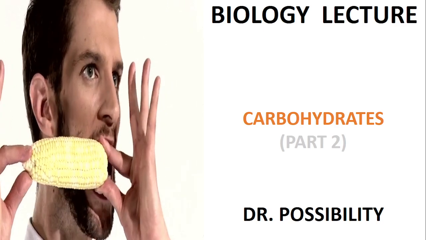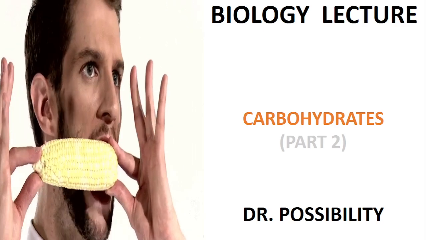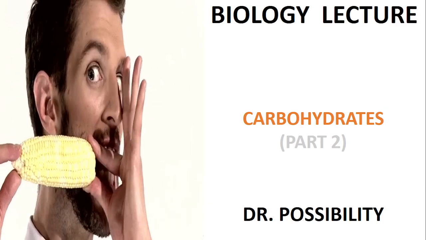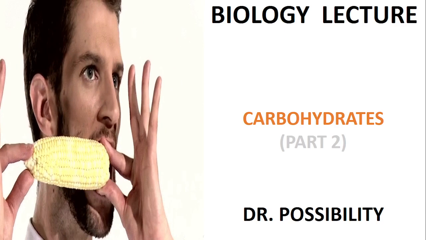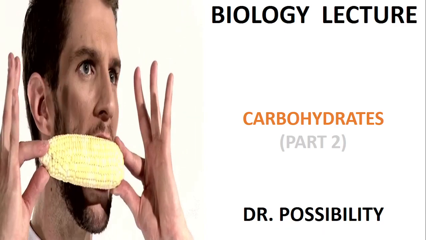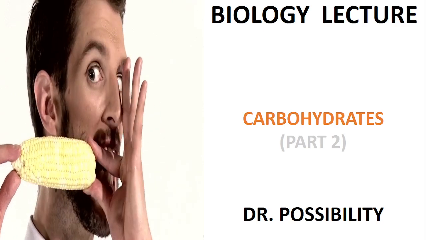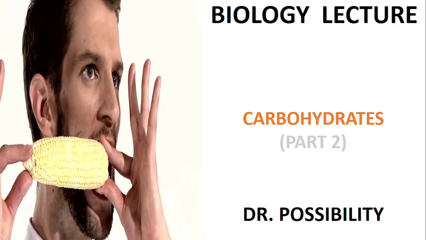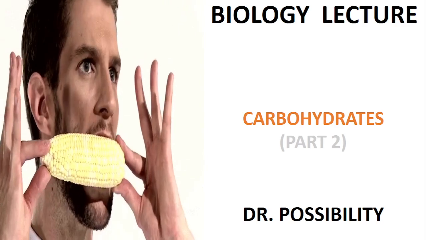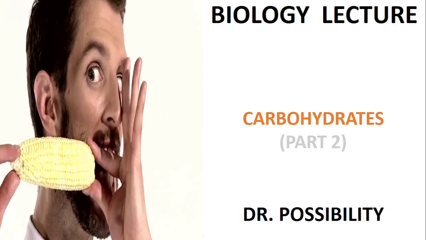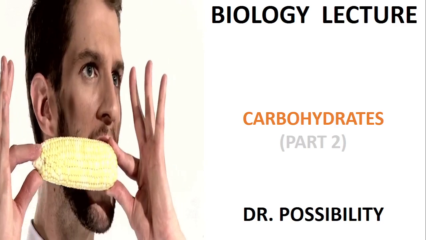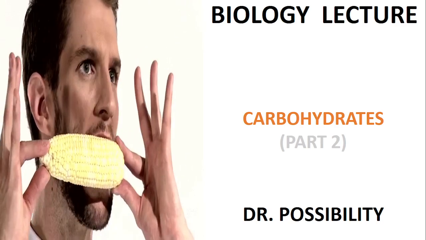Then we have oligosaccharides, and lastly polysaccharides. In today's class I'll start with the isomerization of monosaccharides, and then we are going to proceed and talk about disaccharides. That's where we are going to end.